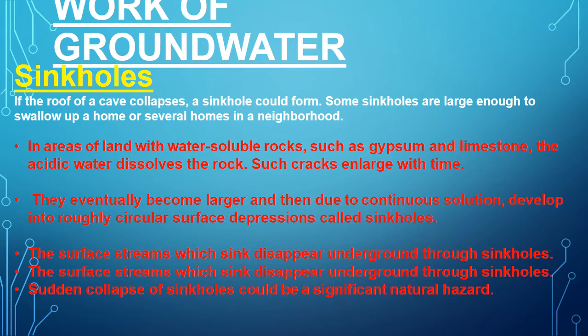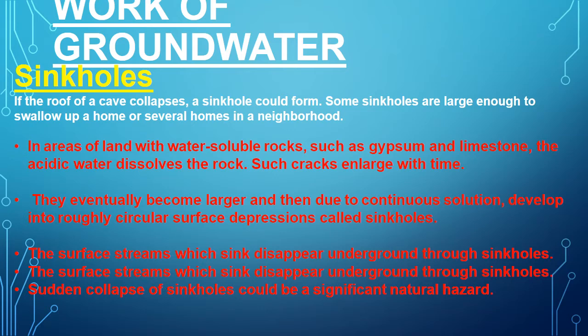Such cracks start enlarging after a certain period of time. They eventually become larger and, due to continuous solution, develop into a roughly circular surface depression called a sinkhole. If there is a continuous flow of water on some surface area, that surface starts getting converted into a sinkhole in a circular manner.